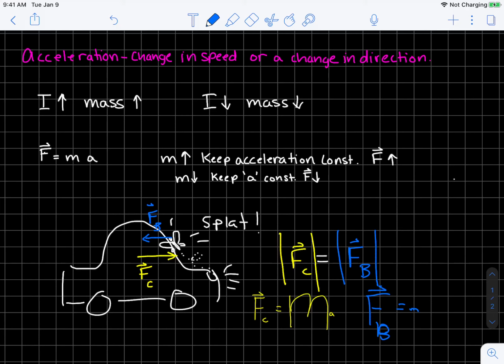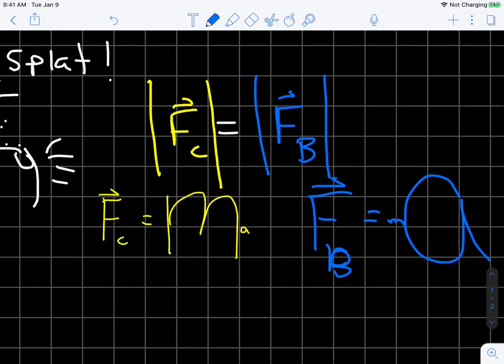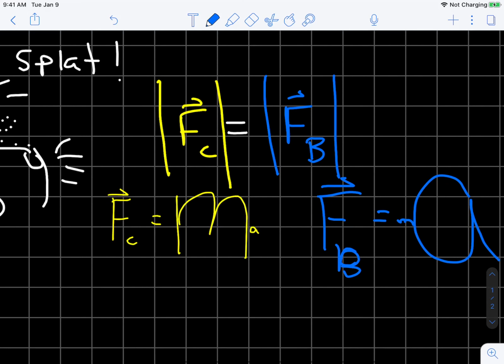But one second it's going one direction, the next second it's going with your car. So it experiences a very large, we use a little a, very large acceleration. Because the mass, the inertia of the car is so large, but the acceleration of the bug is so large, they end up actually balancing each other out. And so these two equations end up being equal.